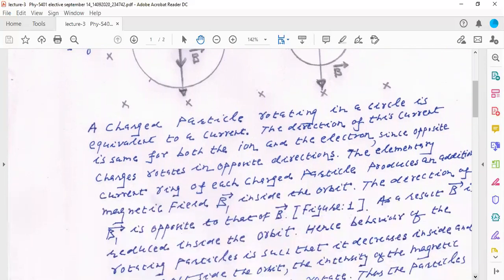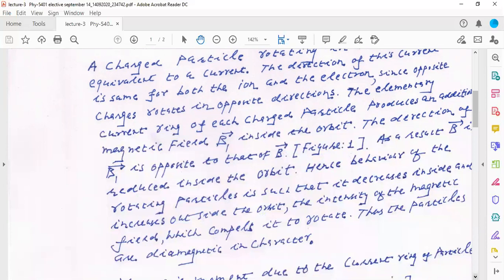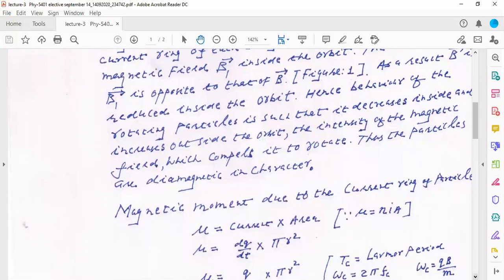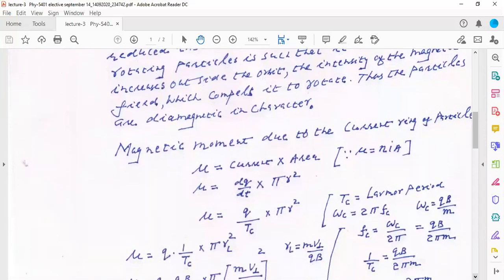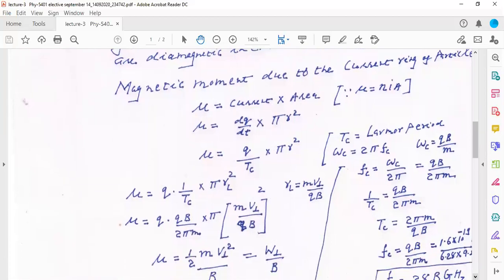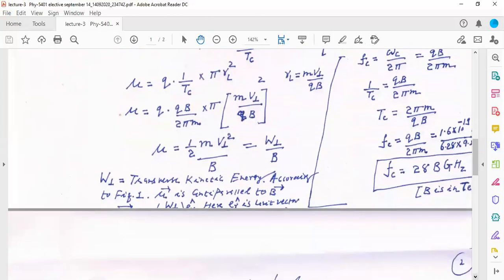If you want to write this expression in a vectorial form, I should write the vector mu equal to W perpendicular divided by B, times some unit vector.